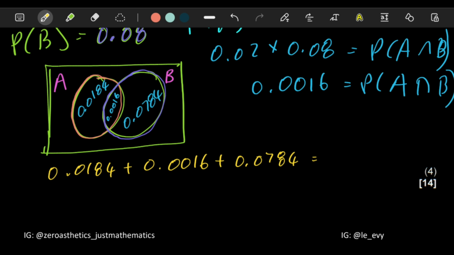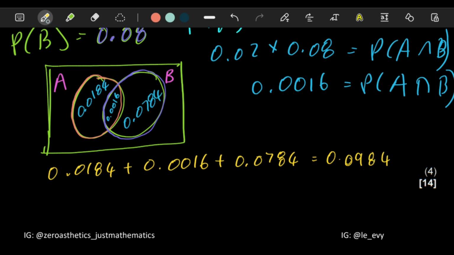0.0184 plus 0.0016 plus 0.0784 equals 0.0984.